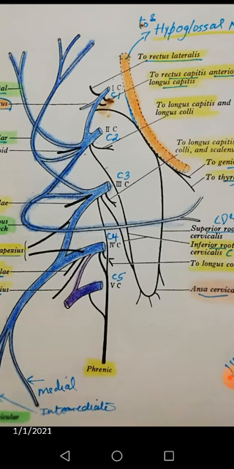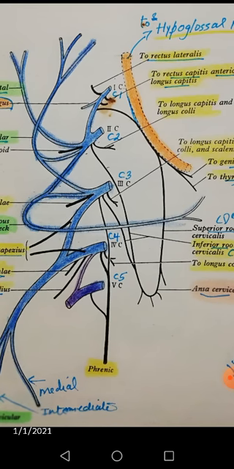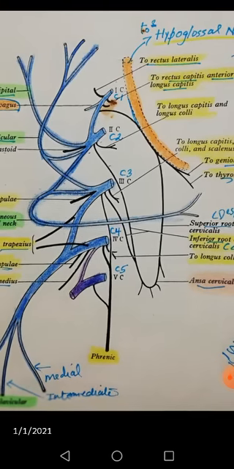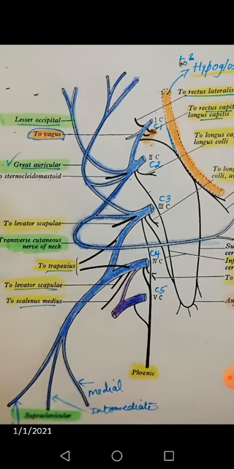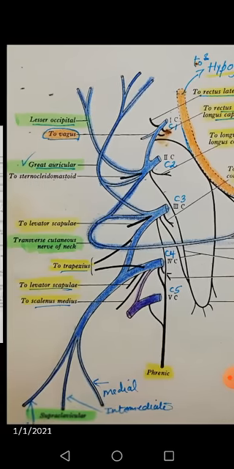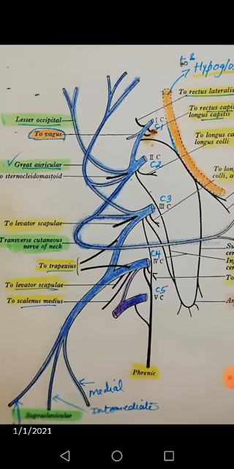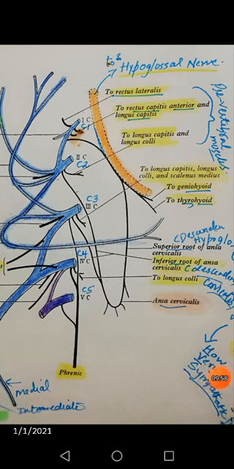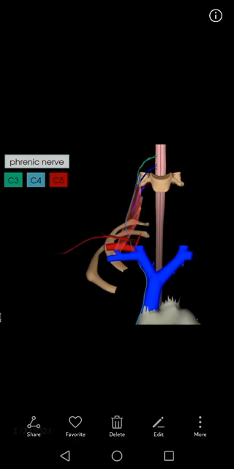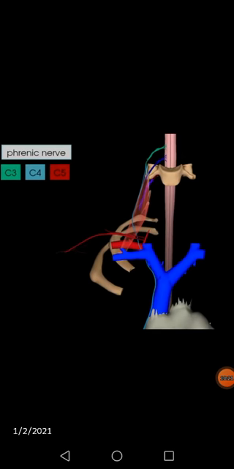And then you can see the formation here of the phrenic nerve coming from the roots C3, C4 and C5. Then you can recall the muscles scalenus medius, scalenus anterior and scalenus posterior. So it means that the prevertebral muscles, the infrahyoid muscles and the muscles of your neck are also part of it, and like trapezius and sternocleidomastoid, the major muscles are also a part of it.